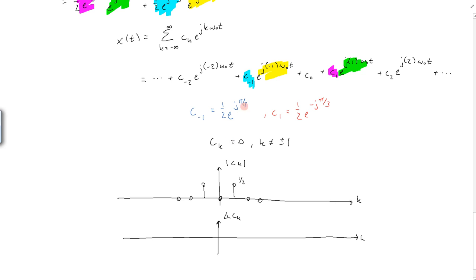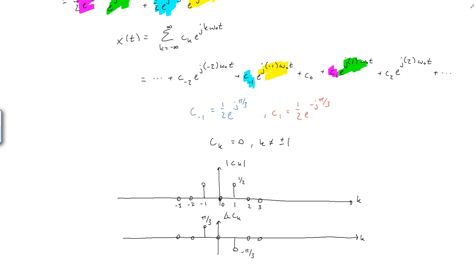And the phase is going to be -pi thirds for the first component and +pi thirds for the negative first component. So something like this, where this is -pi thirds and this is pi thirds, and everything else, as before, is going to be 0 for all other k. And this is for k is 0, 1, 2, 3, -1, -2, -3, just these integer values.